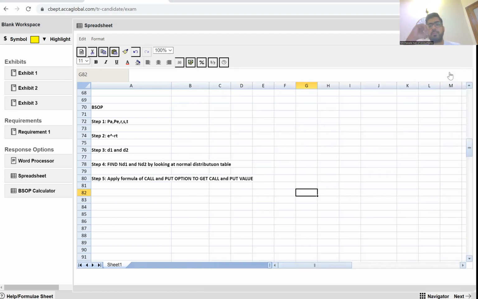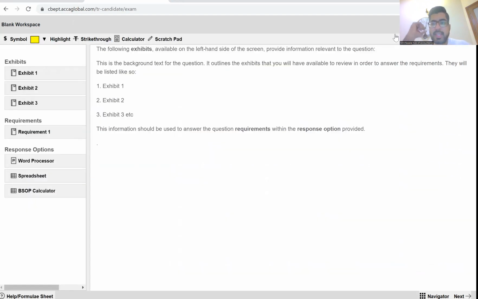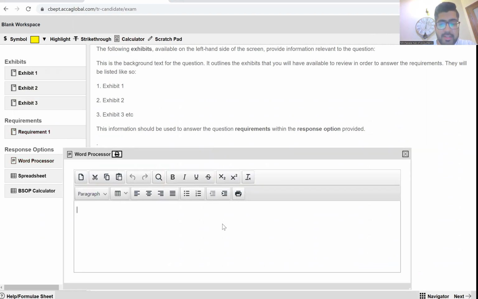Good news for all of you. When you open your examination, on the left hand side, you will find a word processor where you will write answers if you want to answer on Word.